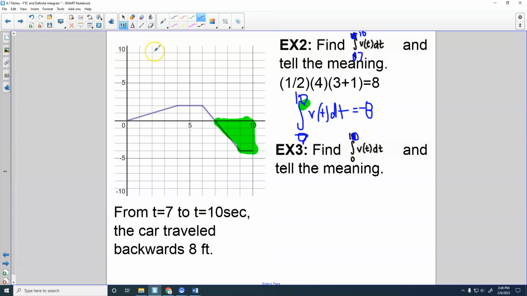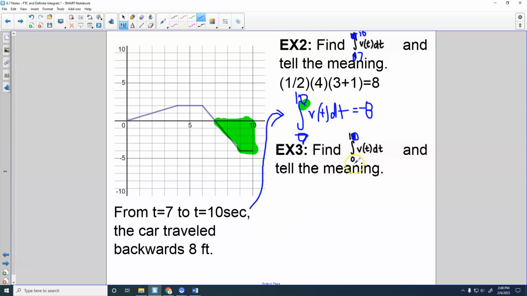And that is describing example 2. Okay. Questions on that part?